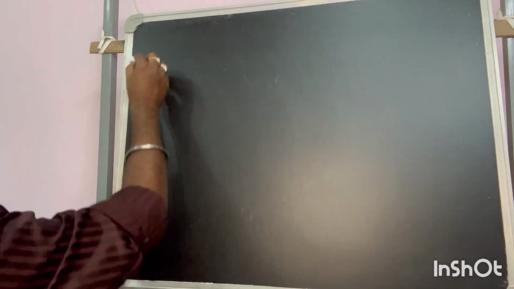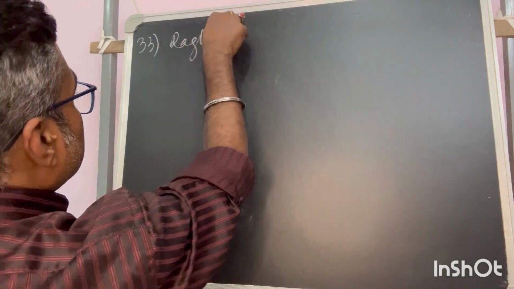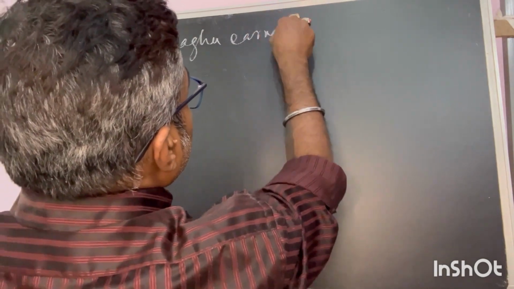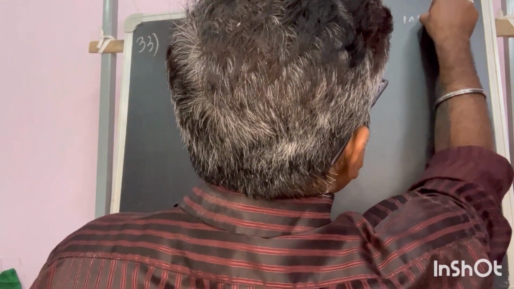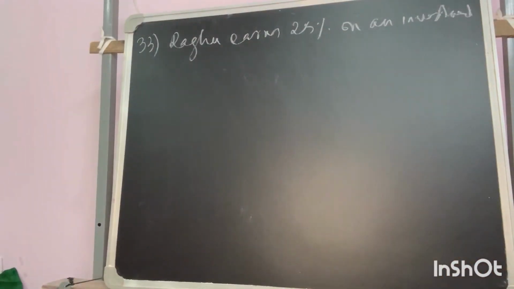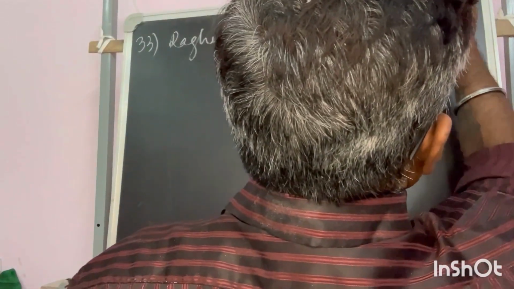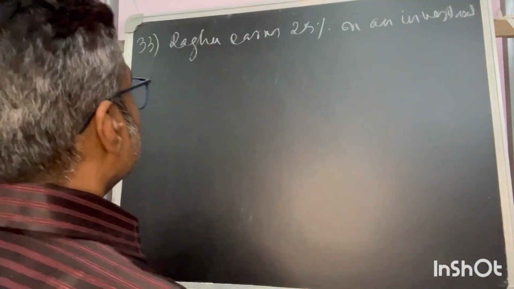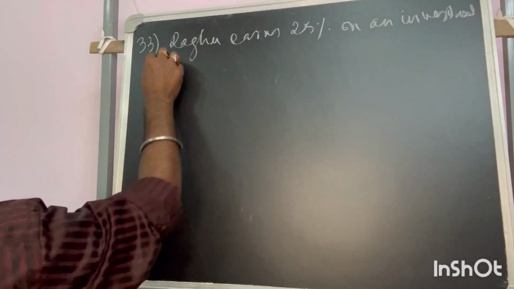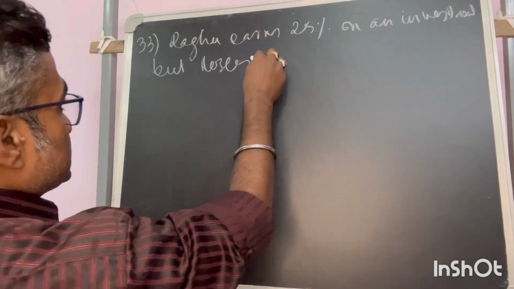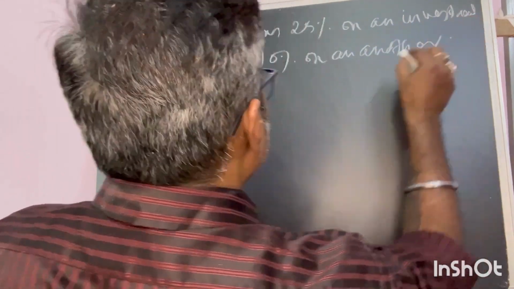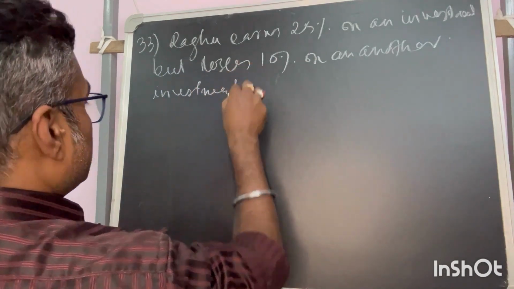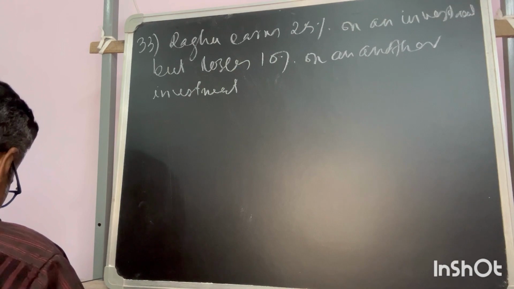So the next is question 33. Raghu gains 25% on an investment but loses 10% on another investment.